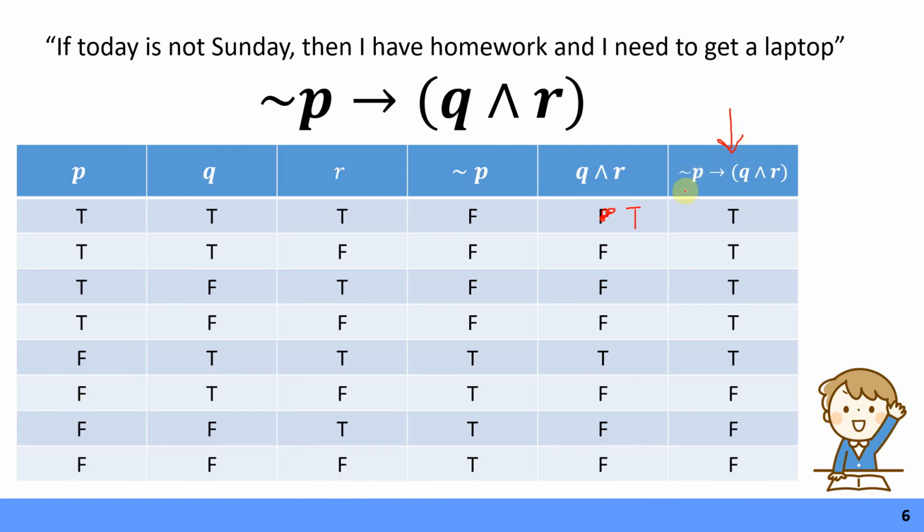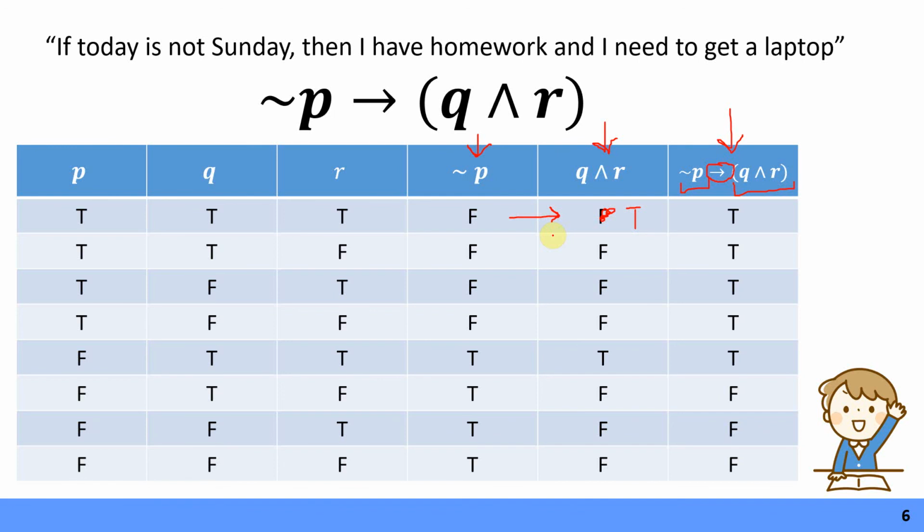So what we're going to do now is look at the column for not P, which is right here. And we're going to look at the column for Q and R, which is right here. And we're going to join them with a conditional statement. In case you forgot, remember that you have to depend on your original truth tables.